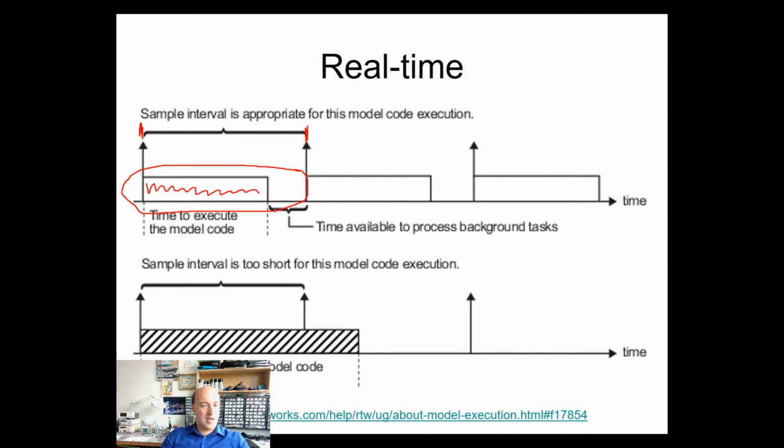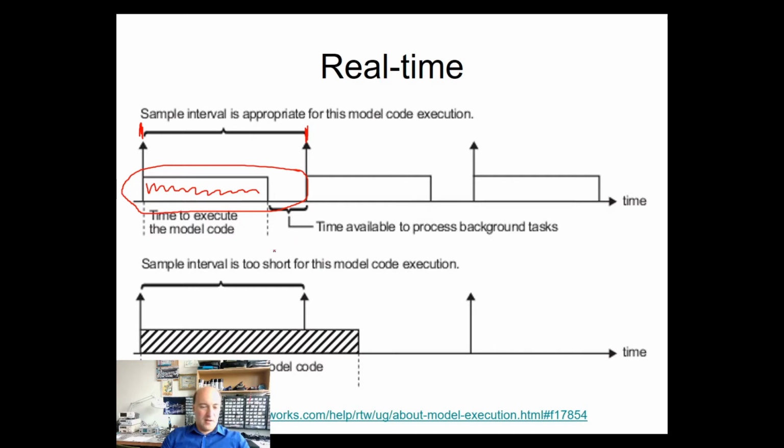We can fill that with some background task. For example, this could be the user interface, or some other non-real-time application. So if you fulfill these conditions, that you are generating the code faster than actually required, then your code can run in real time.